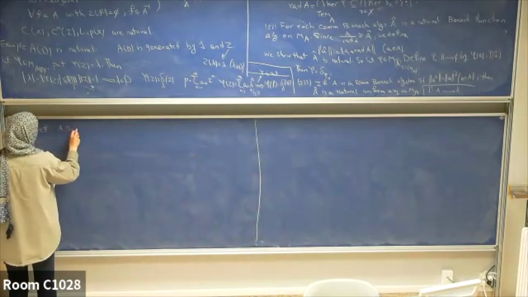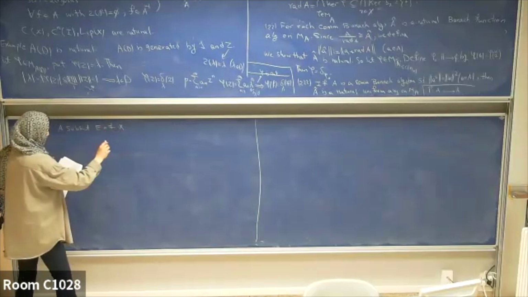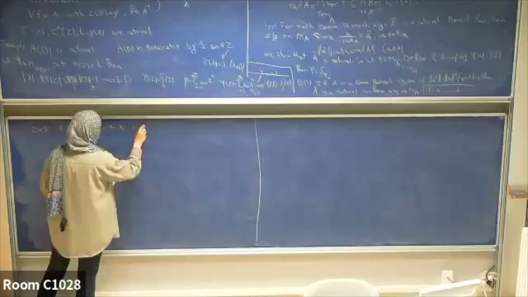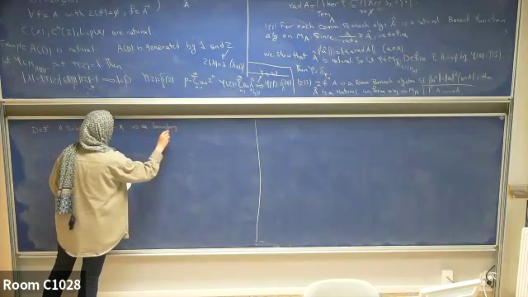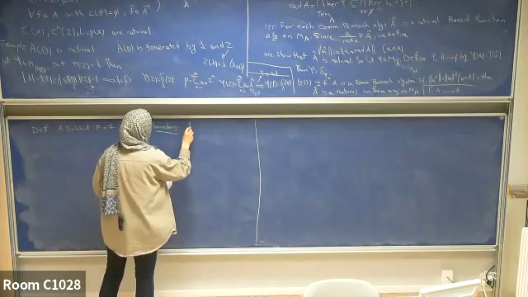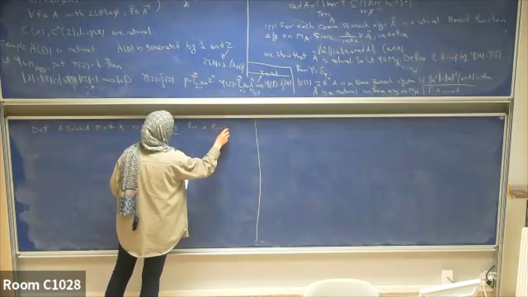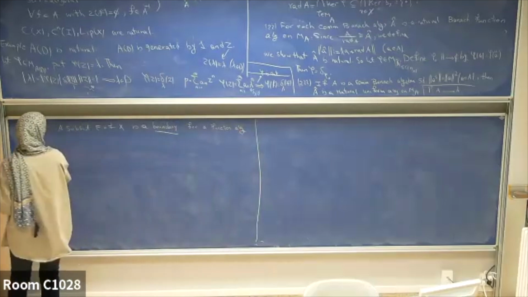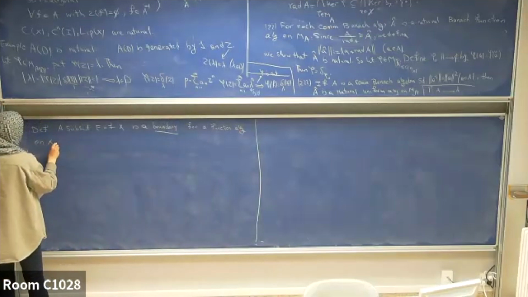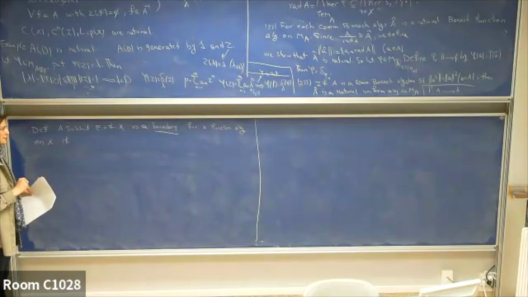A subset E of X is called a boundary for A, a Banach, no, functional algebra. It's not necessary to have a unit. A functional algebra on X, if each f attains its maximal modulus at some point of E.